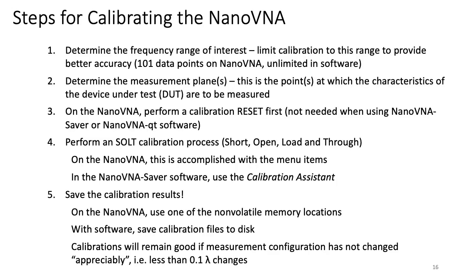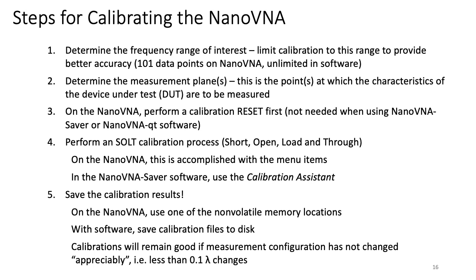So the steps in calibrating the NanoVNA are quite simple. The first step is to determine the frequency range of interest. If you first turn the NanoVNA on, you'll see that it spans from near DC to its maximum range. The problem is with the NanoVNA directly, without using software, the Nano is only limited to 101 data points.